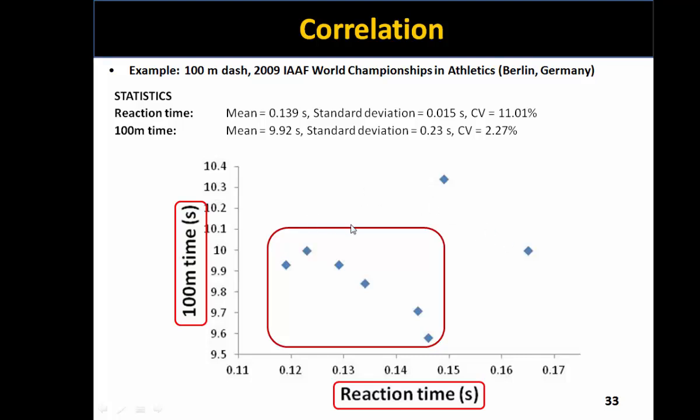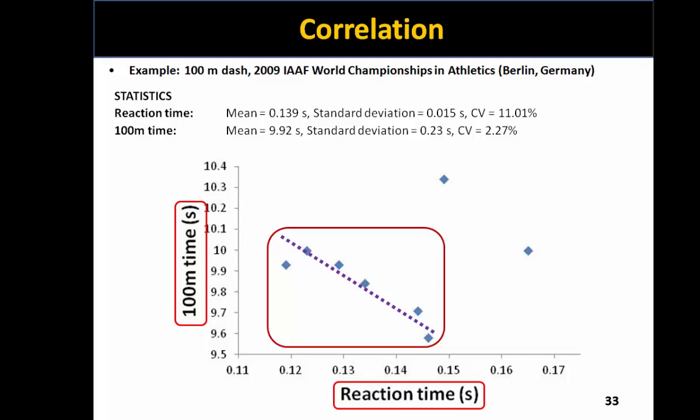But if we just focus on this cluster here of data, we'll ignore these two for now, we see a clear pattern that emerges. If we imagine a line of best fit, and we're not going to work through the calculations at this point, we would see this line is negative or inverse in terms of its direction.